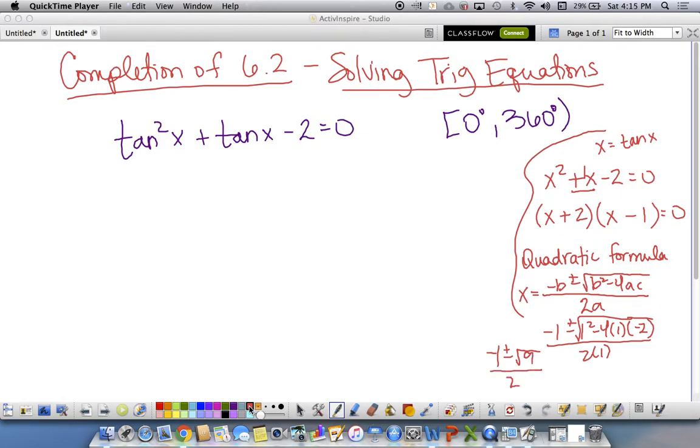I hope Ray knows the square root of 9 is 3. So negative 1 plus 3 is 2 over 2, which gives me an answer of x equals 1. Look at that. It's the exact same thing as if I had factored it.